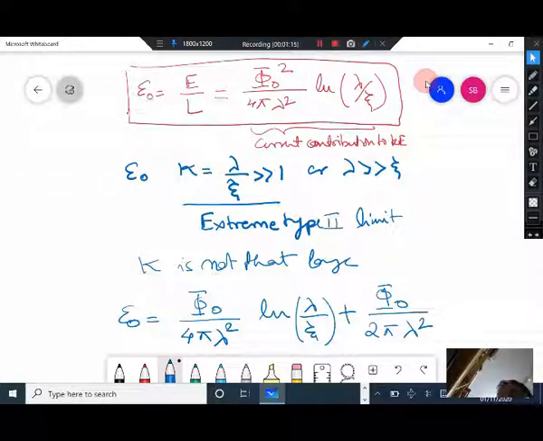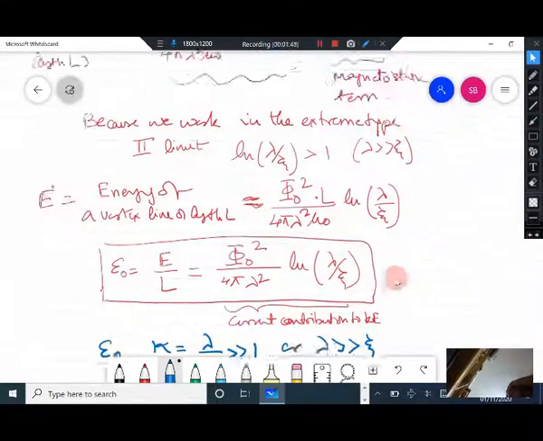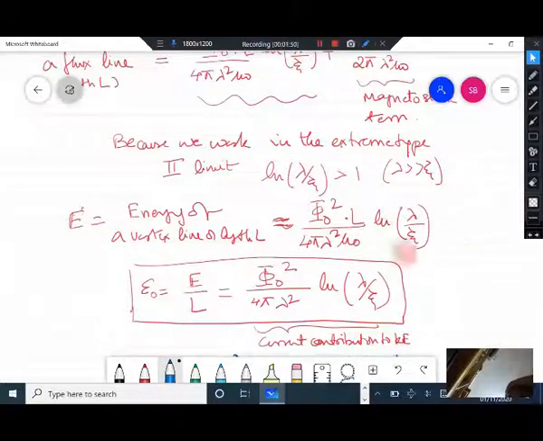This was the magnetostatic energy density, which we had already considered. This is a term from the magnetostatic energy density, which we had neglected. However, if you don't have kappa that large, then that term comes back into the picture, and this is something that you have seen earlier.